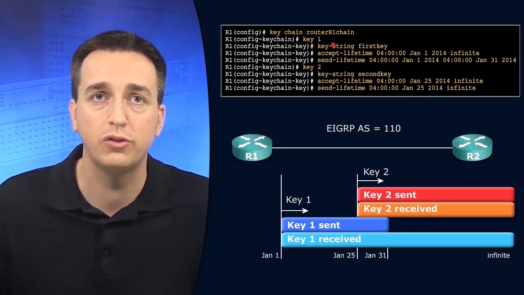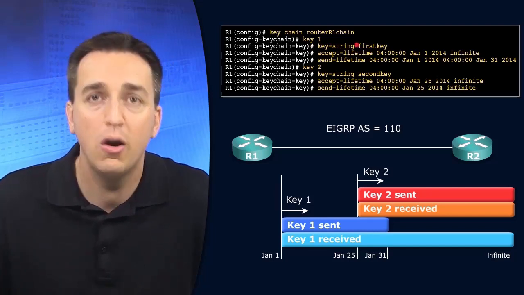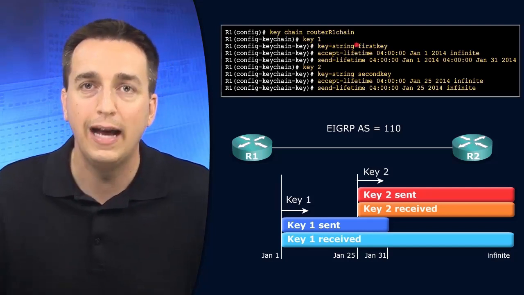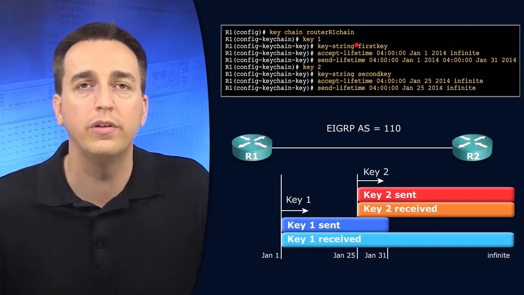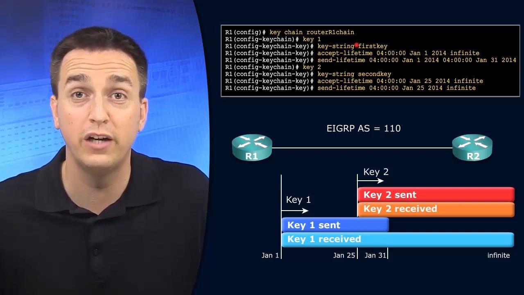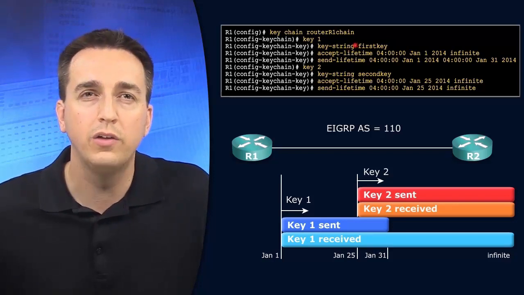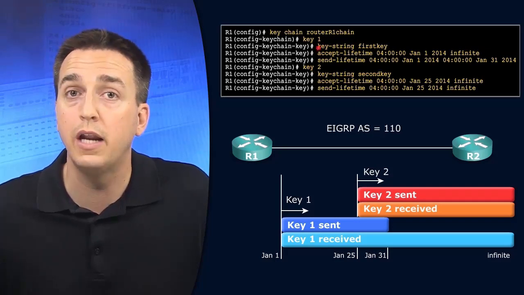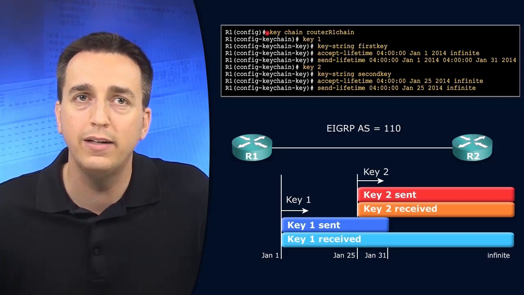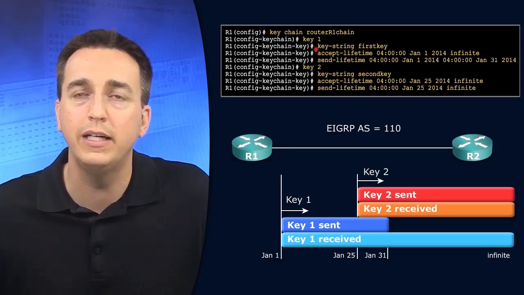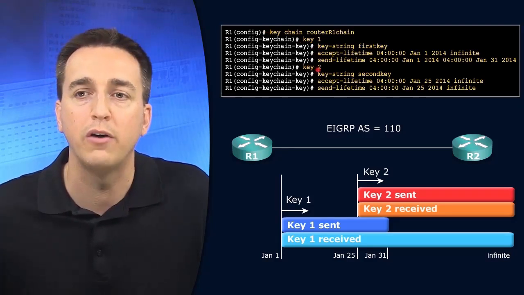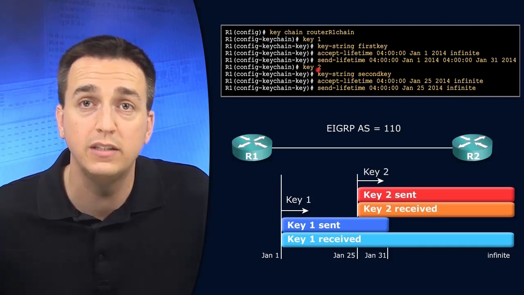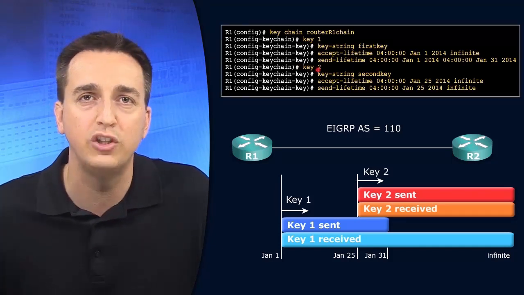The key string is the string of characters that are going to be utilized along with that key ID in the overall hashing process and the algorithms and all that fun stuff in order to generate the hash in the end. So the key string is going to have to match as well on R2 when we set up R2. So the key chain doesn't have to match, but the key and the key strings do have to match between routers that want to form neighbor adjacency or exchange routing information with each other.